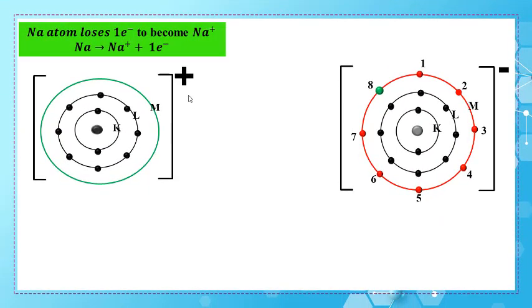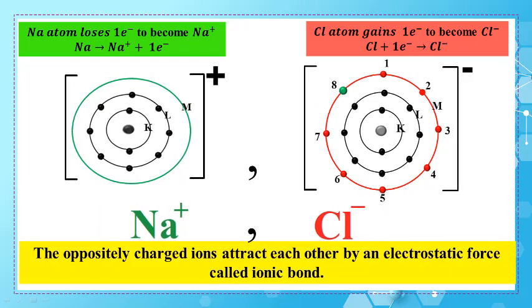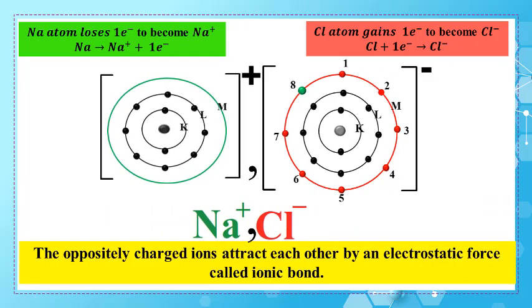Then Na becomes Na+ since it loses one electron, and the equation of formation of Na+ is Na giving Na+ plus one electron, and the Cl becomes Cl- ion since it gains one electron, and the equation of formation of Cl- is Cl plus one electron, which gives Cl-. Then the oppositely charged ions will attract each other by an electrostatic force called ionic bond.